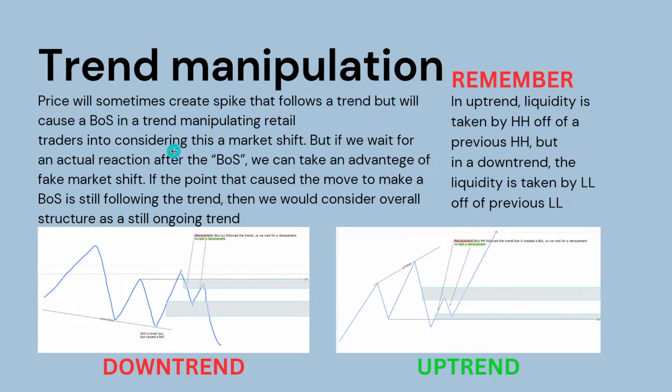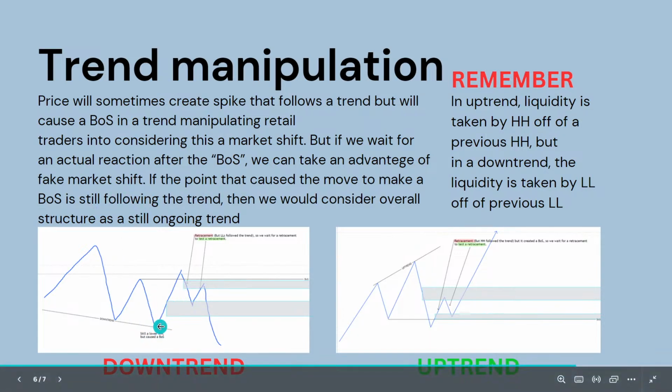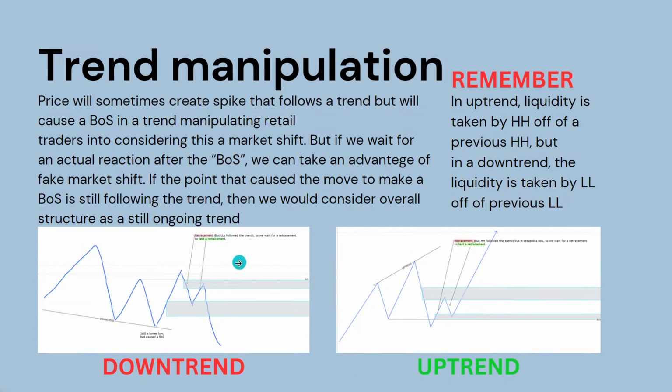But if we wait for an actual reaction after the break of structure, we can take advantage of the fake market shift. If the point that caused the move to make a break of structure is still following the trend, we're talking about this point, then we'll consider the overall structure as a still ongoing trend.